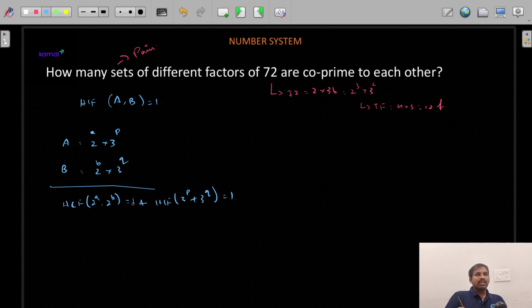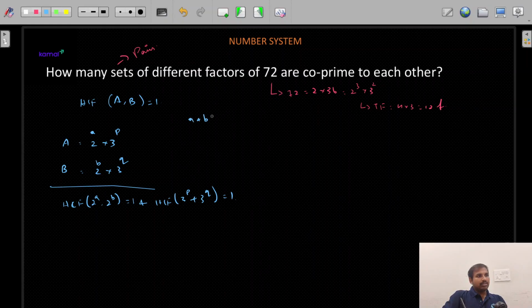If the prime base's highest common factor is 1, it doesn't matter what the power is. So instead of finding the highest common factor of A and B as 1, I'm taking the individual prime bases, the 2 powers here and the 3 powers here. If these individual highest common factors are 1, then obviously the entire number's highest common factor will automatically be 1. So this is what we are going to do.